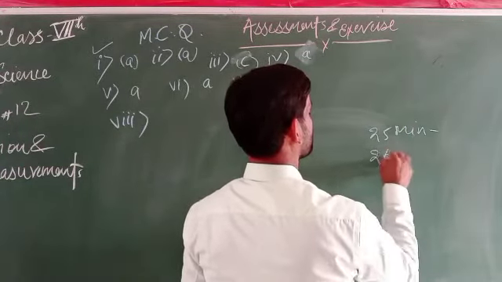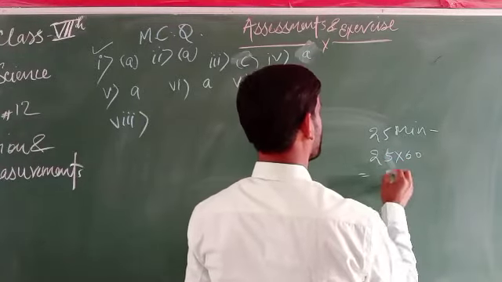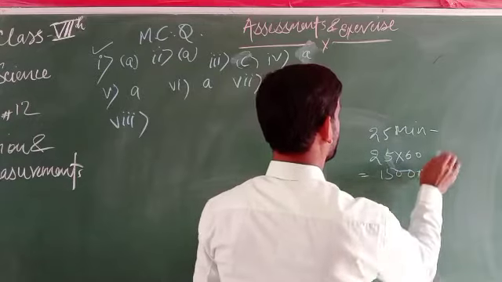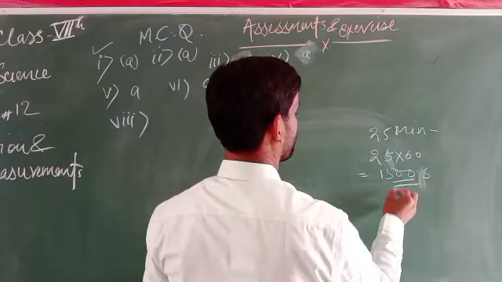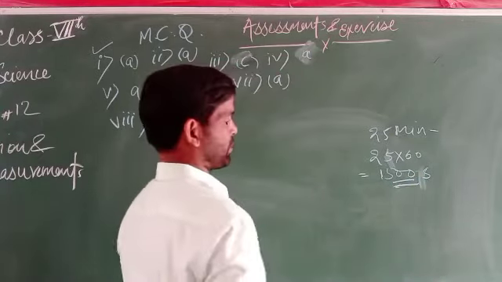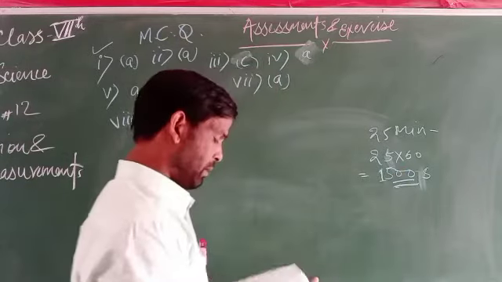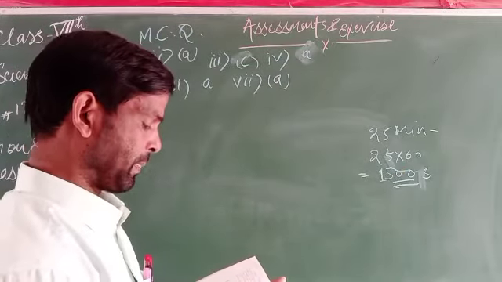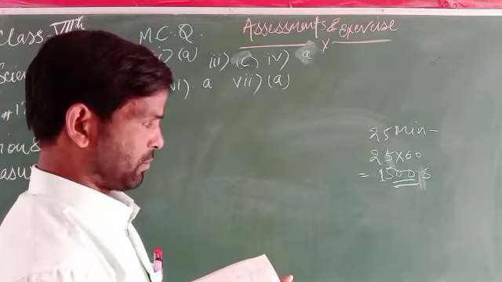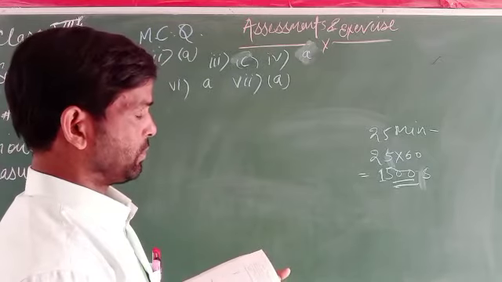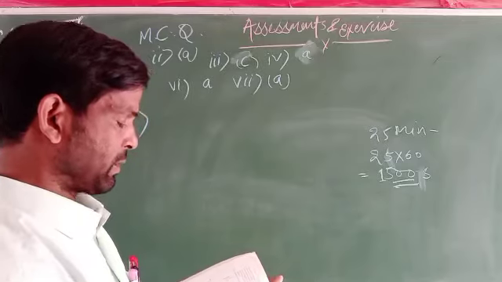It has to be changed into seconds. So 25 minutes is 1500 seconds.